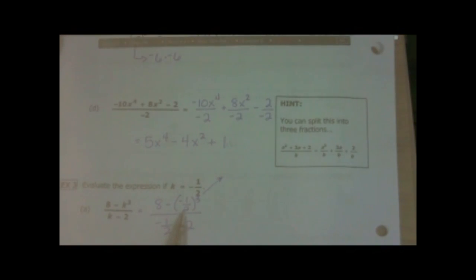First of all, negative is getting multiplied 3 times, so it is going to be negative. And this would then be 1 to the 3rd over 2 to the 3rd. This exponent applies to the top and to the bottom. So when we go to simplify this, this is 8 minus -1/8.